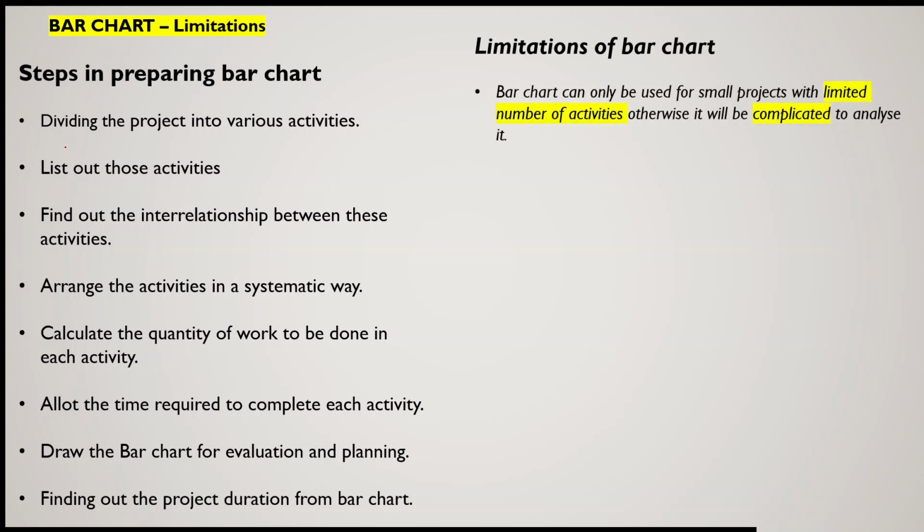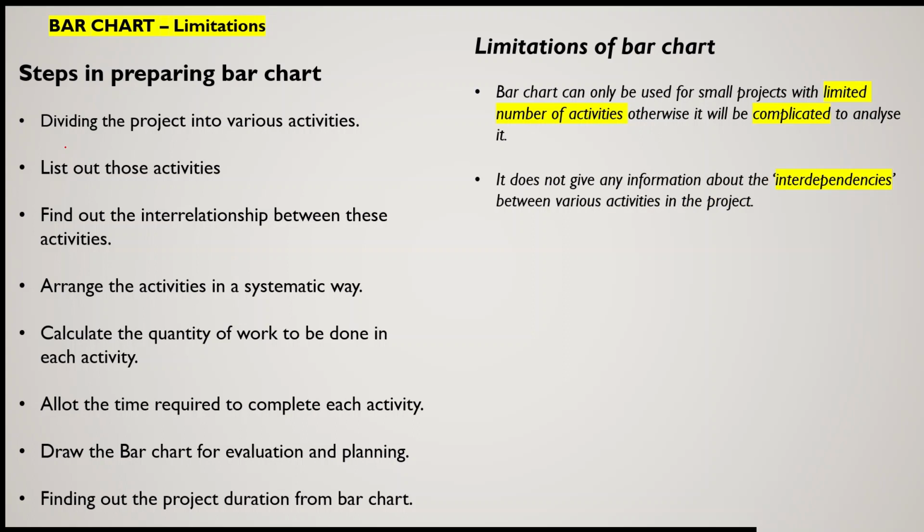So the very first limitation is that a bar chart can only be used for small projects, because if there is a bigger project, then definitely the number of activities will increase, and if we present them in the form of a bar chart, then the bar chart will be very complicated. So it will be very difficult to analyze the whole project.